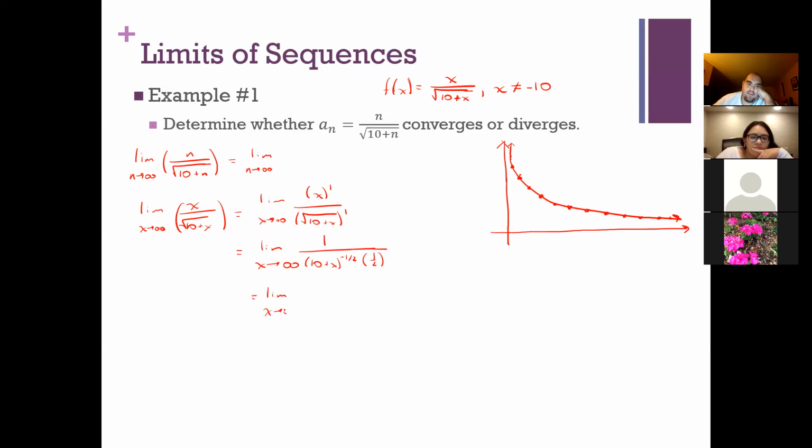But what is that negative 1/2 power going to do? Actually, I can just write this without fractions: 2 times the square root of 10 plus x. And what is this going to do as x gets very, very big? It's going to grow without bound, to infinity. So what does that mean for my sequence? It diverges.